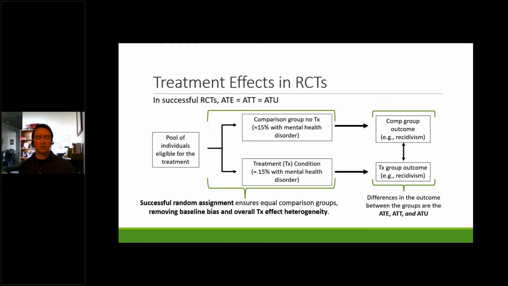In successful randomized controlled trials, the ATE, ATT, and ATU are all the same, because it removes the baseline bias and overall treatment effect heterogeneity, really, or controls the treatment effect heterogeneity. Individual differences will still occur, but the average is going to be accurate.